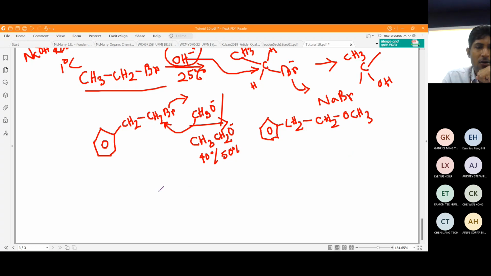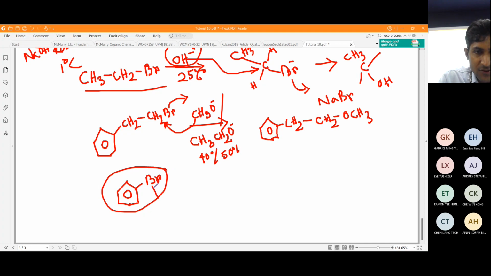Now another interesting thing, just remember this. I am producing it here, and this is bromine, right? Can I produce a reaction from here? We cannot produce a reaction from here because it is an aryl halide.